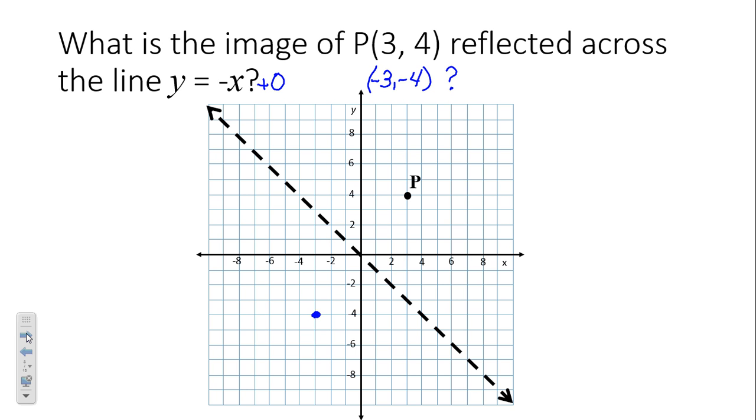So maybe it's negative 4, negative 3. Let's try that. If we go 4 back, 3 down, and look at that P prime, does that look like a mirror image across the line? Yeah.